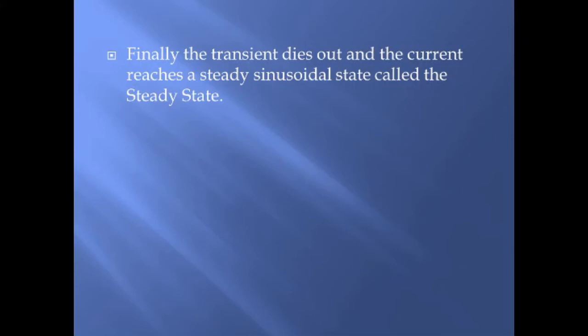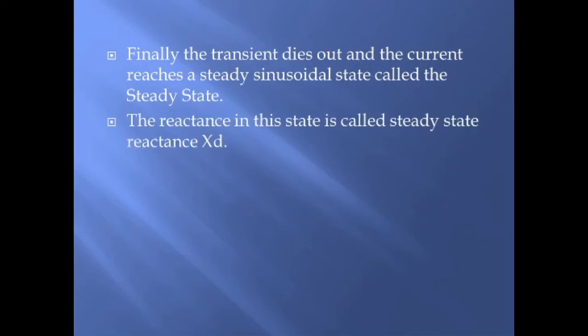Okay, finally the transient period also dies out, and the current reaches its final steady state sinusoidal condition, and that state is called the steady state condition. All right. The reactance which is offered at this state is proper XD होता है। और एक और चीज याद रखो कि जब आप ट्रांजिएंट पीरियड पे डील करते हो, तो the only reactance which is offered is D axis reactance, that is XD.